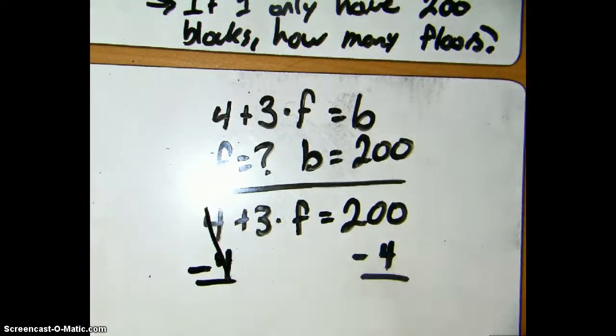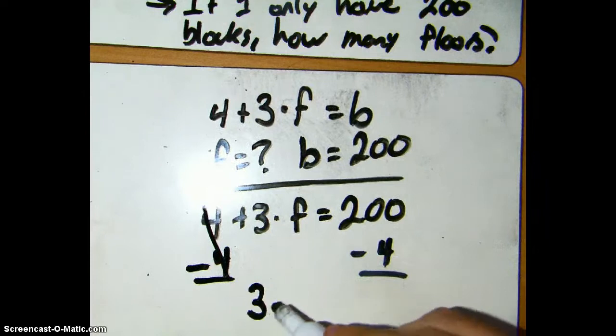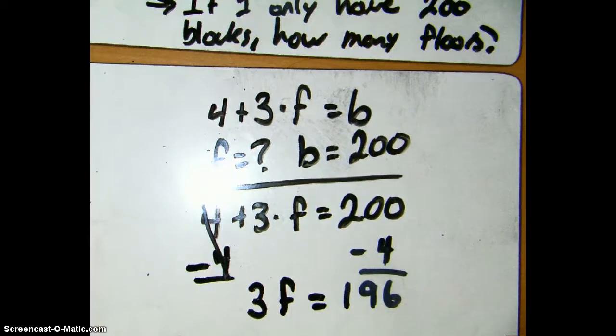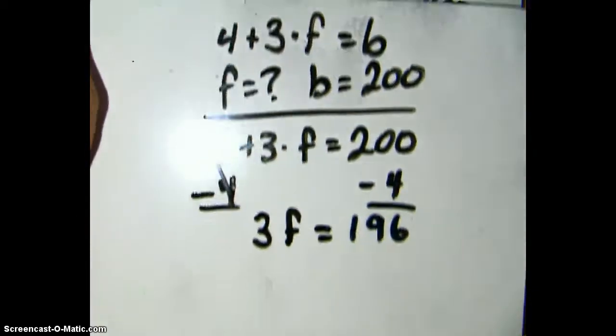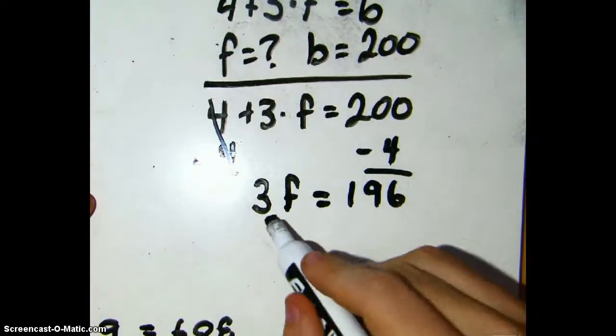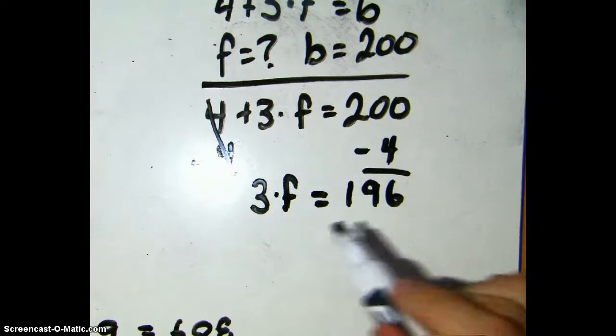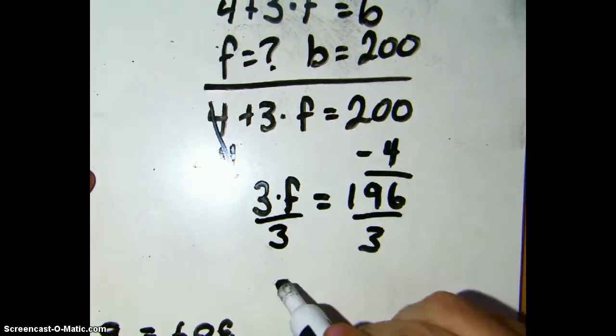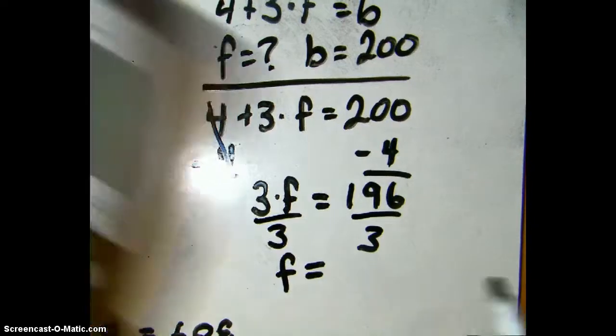4 minus 4 cancel each other out, and we're left with 3F equals 200 minus 4, which is 196. Now, what's the next thing I have to undo here? Well, there's a 3 times F, and I need to get F by itself. So we're going to divide both sides by 3. And if you want to grab your calculator, you can.